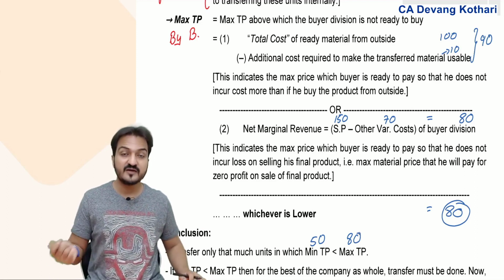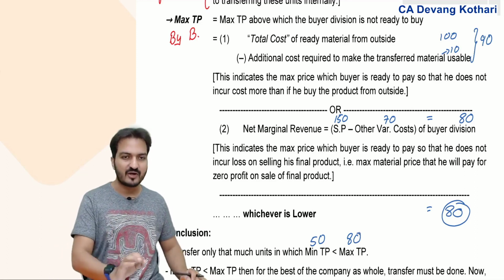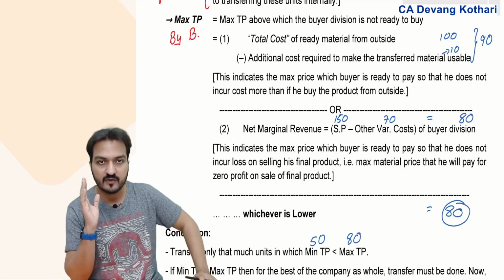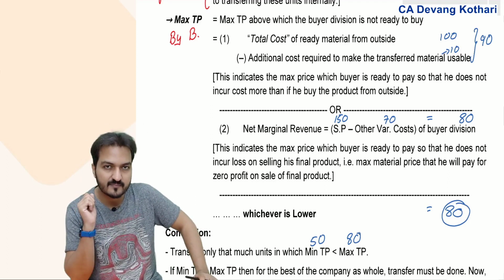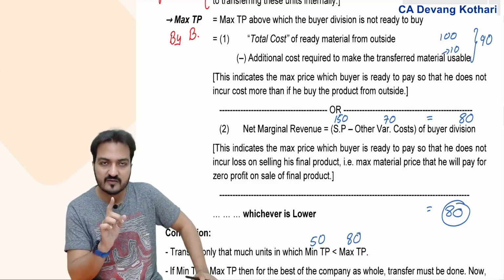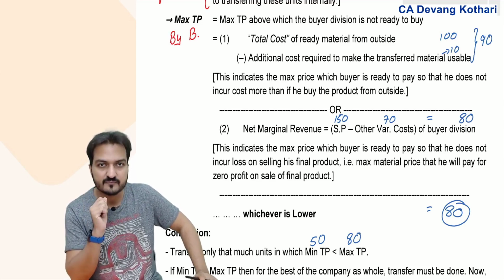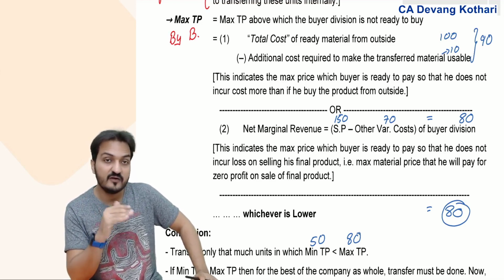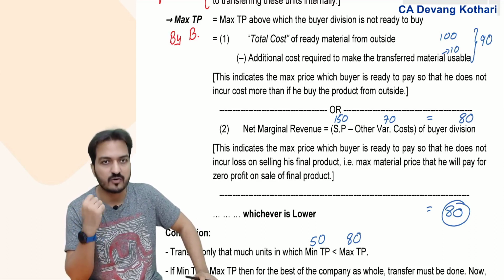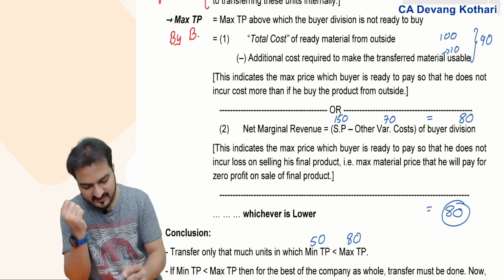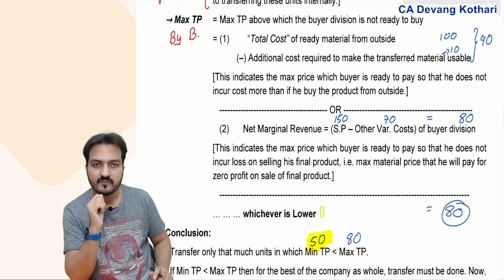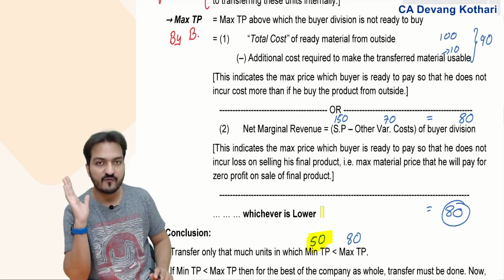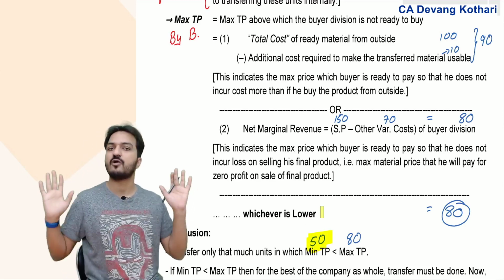But what if it is given in the question that the transfer price decided by the company is 45 rupees? Then division A will not be ready to transfer, because division A wants minimum 50. If the company decided that you transfer at 45, then division A will say no, I will not transfer.